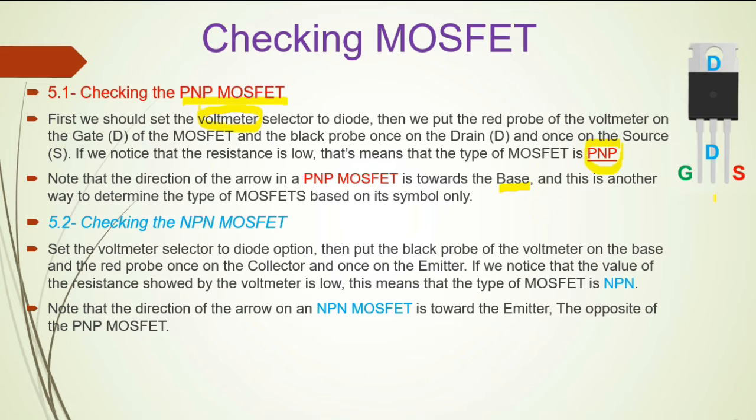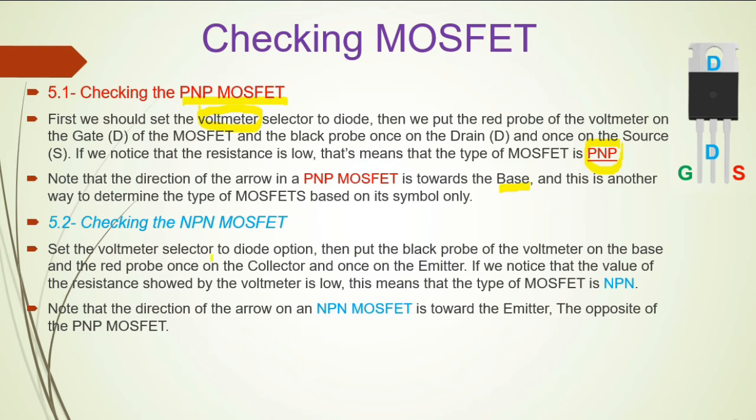As I told you before, if the arrow goes from source to gate, that means the MOSFET is NPN, and if the arrow direction is from gate to source, that means the MOSFET is PNP. Okay? So now let's go to 5.2, checking the NPN MOSFET. The same logic and same principle.